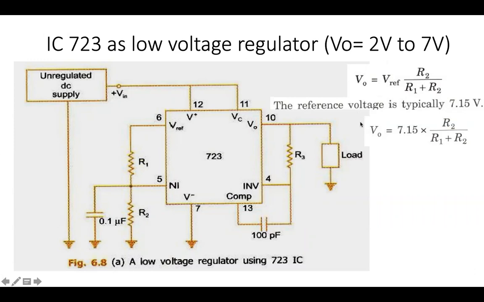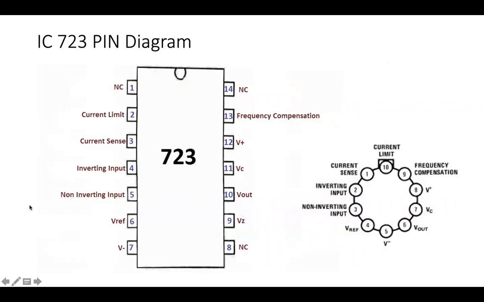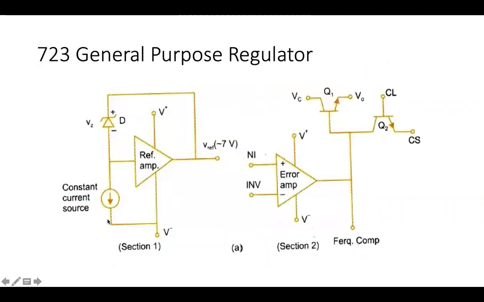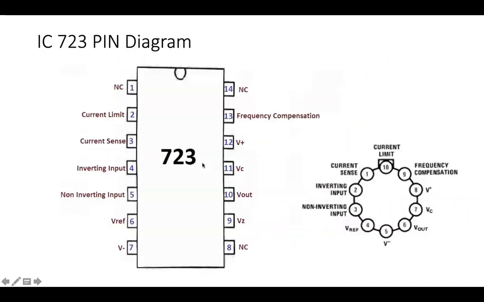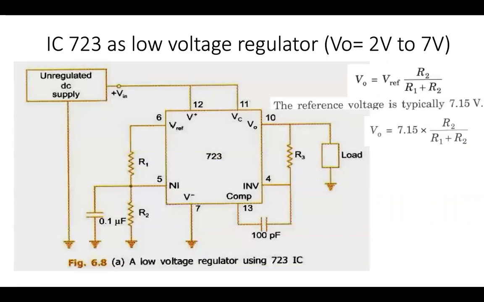So coming to some equations here, the output voltage is nothing but the reference voltage. Remember, we are giving a reference here. We reference at the 6th pin. This becomes our reference at the output of the first op-amp. So we have V reference into R2 divided by R1 plus R2.